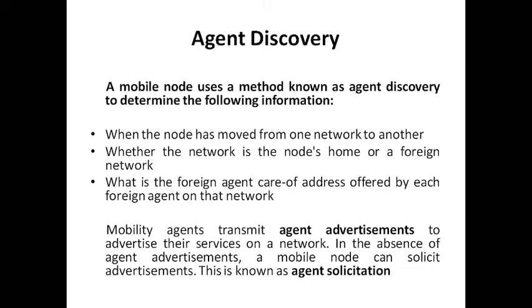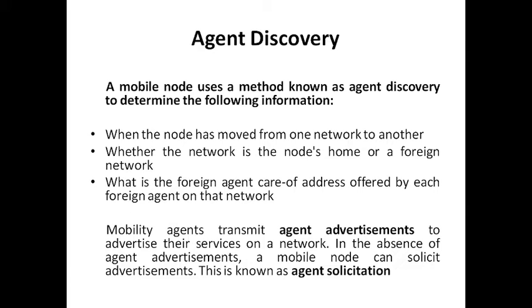Next, the third one is the foreign agent care of address offered by each foreign agent on that network. As we have discussed, each and every foreign network has a foreign agent, and the foreign agent has a care of address, COA.